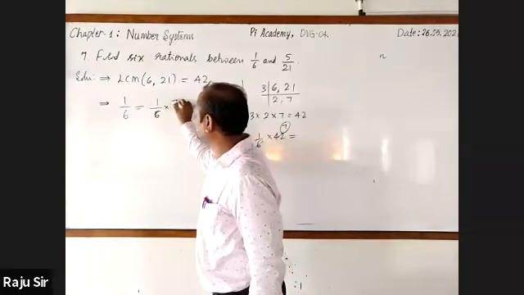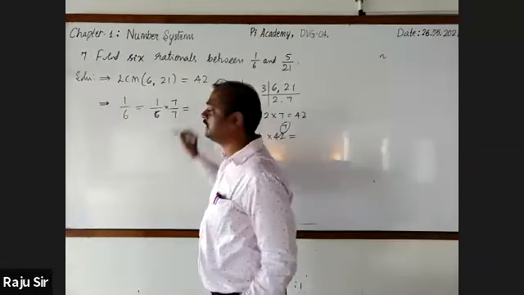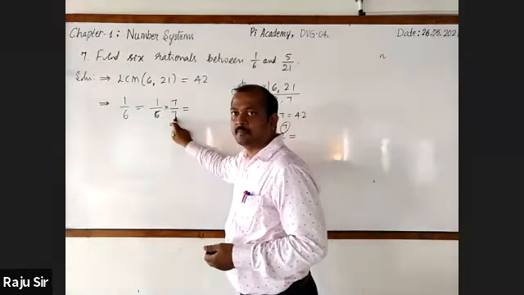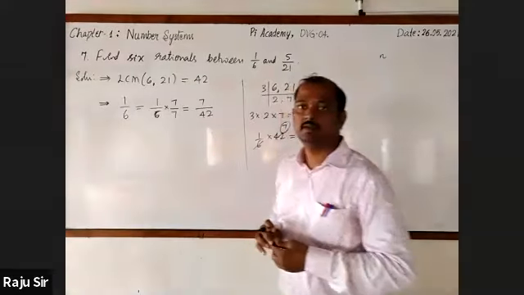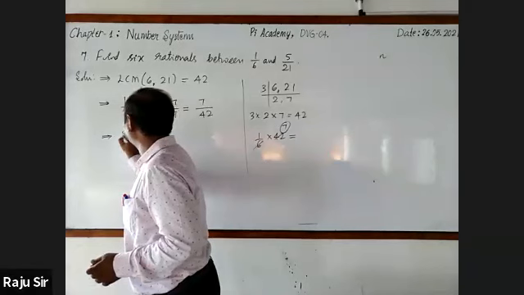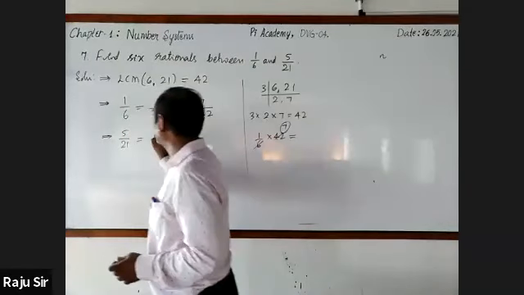Now let us multiply 7 to the numerator and 7 to the denominator. What is 6 sevens? 42. So 7 by 42, since 7 ones are 7. Don't try it now, I'll give you time. Next one is 5 by 21.